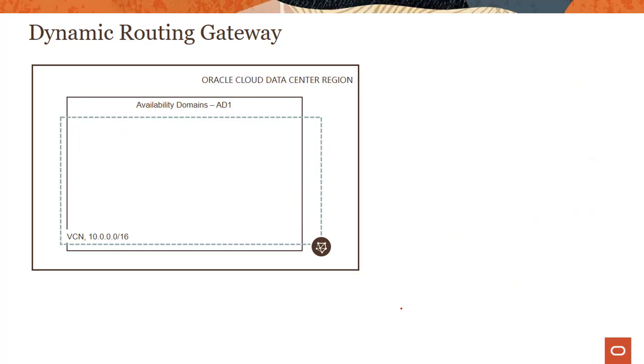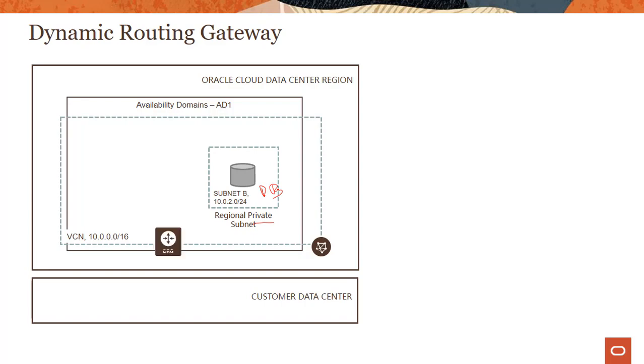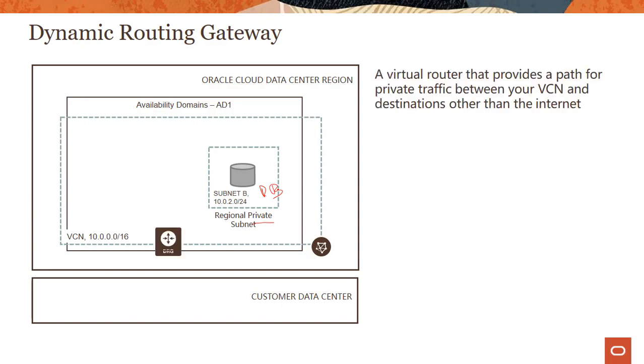The last design pattern is around use cases where you have a private subnet, might be a database, but now instead of going to the internet, you are going to your own customer data centers. For example, you have your DNS running on-prem and your database running in the cloud wants to access it, or you have on-prem environments from where you want to migrate data, so you need to connect to that.